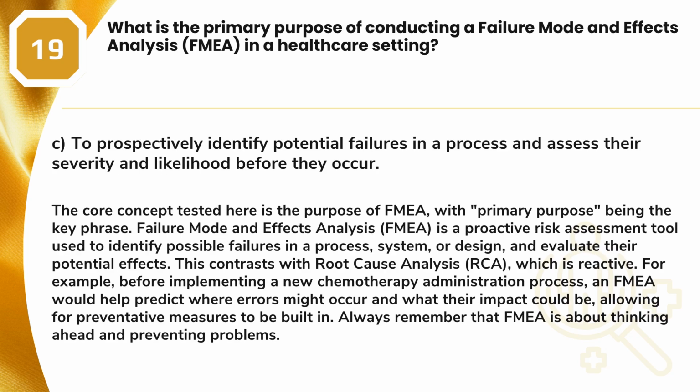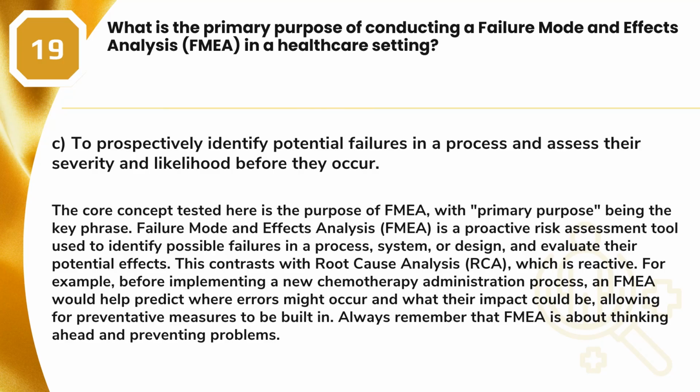Answer: C. To prospectively identify potential failures in a process and assess their severity and likelihood before they occur. The core concept tested here is the purpose of FMEA, with primary purpose being the key phrase. Failure mode and effects analysis, FMEA, is a proactive risk assessment tool used to identify possible failures in a process, system, or design, and evaluate their potential effects.